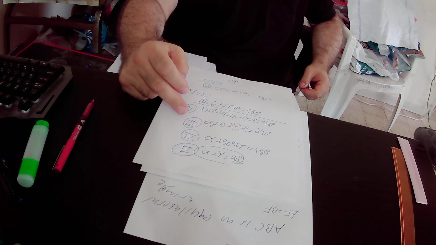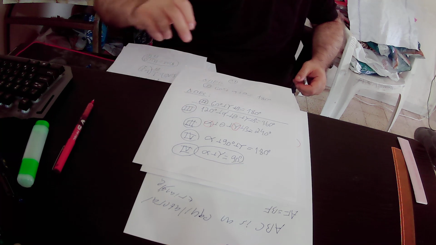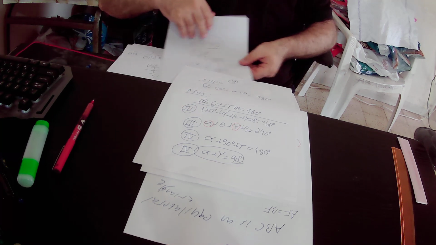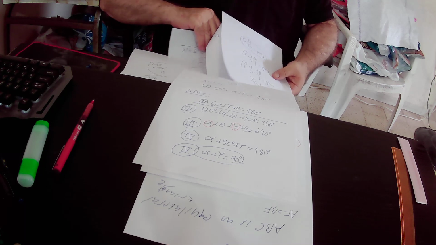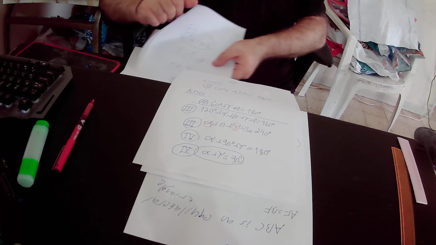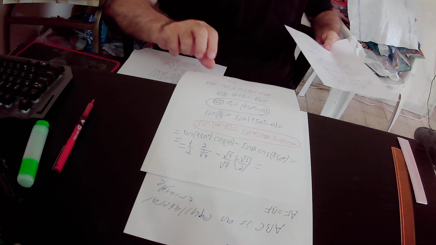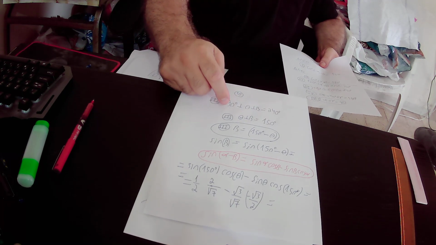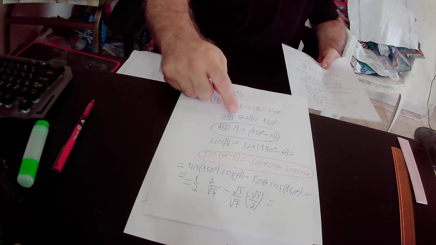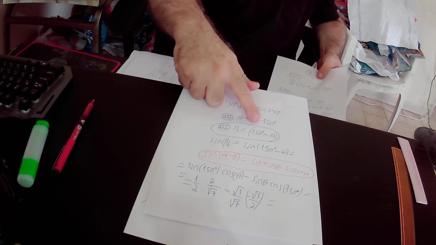Okay, and we found that beta equals 150 degrees minus theta.